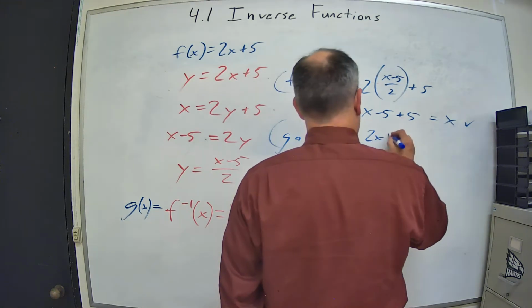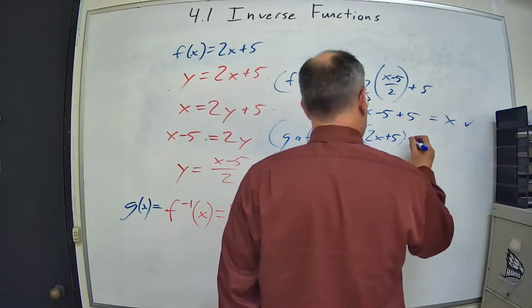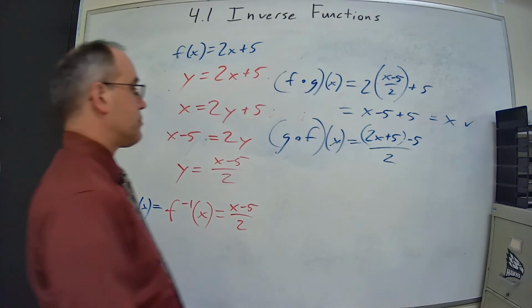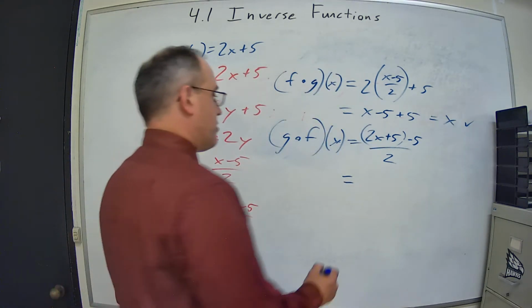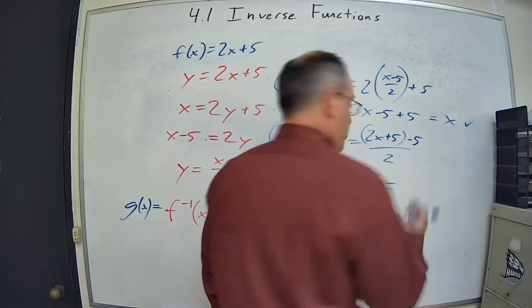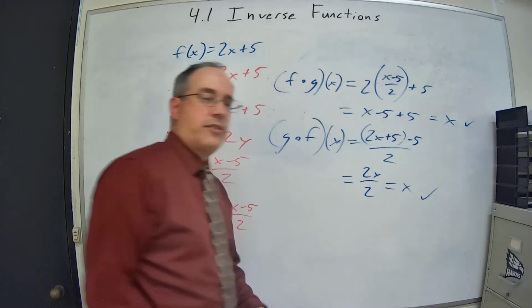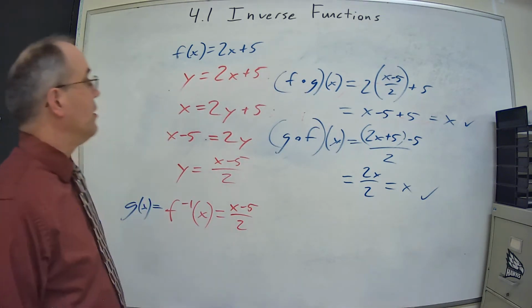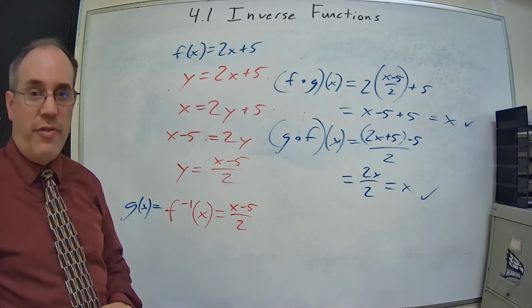So 2x plus 5 minus 5 over 2. 2x plus 5 minus 5, the 5's cancel out, gives me 2x over 2. 2 divided by 2 is 1, gives me x, and yes, they are inverses. So that's how we can find our inverse, and then how we can verify that we actually have inverses.